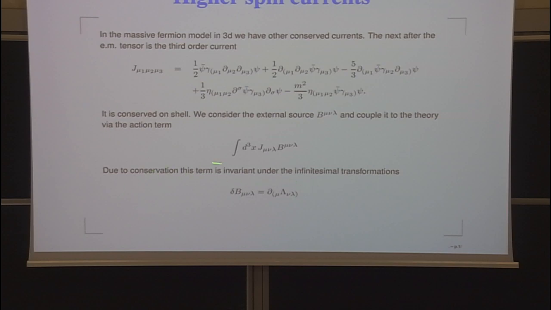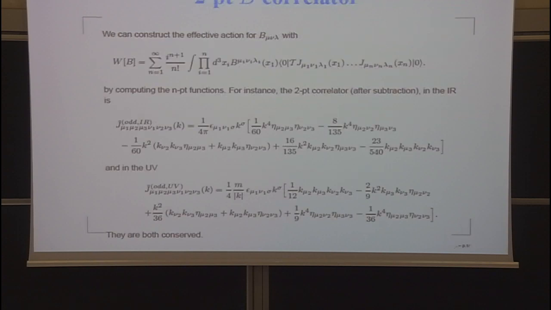And this term is invariant under this infinitesimal transformation. And what we find here, if we study the effective action again the same way as before, at least to the lowest order, that is the quadratic order, is the 2-point function has this form.